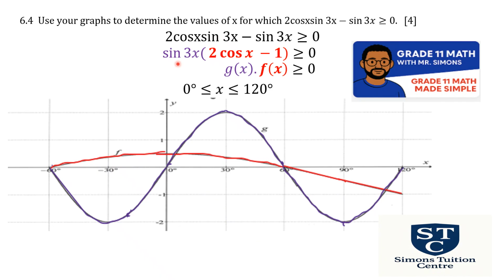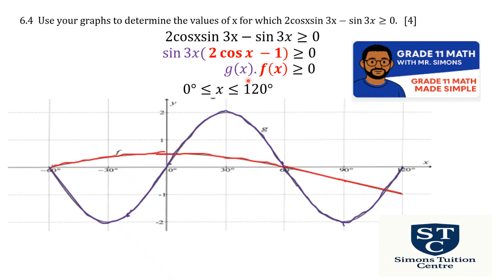Sine 3x is the equation for g of x, and 2 cos x minus 1 is the equation of f of x. For that to be greater than 0, it means a positive times a positive gives me greater than 0.